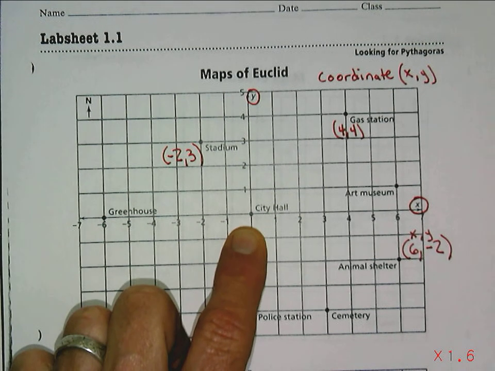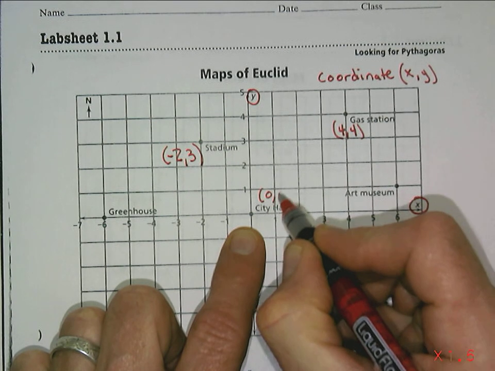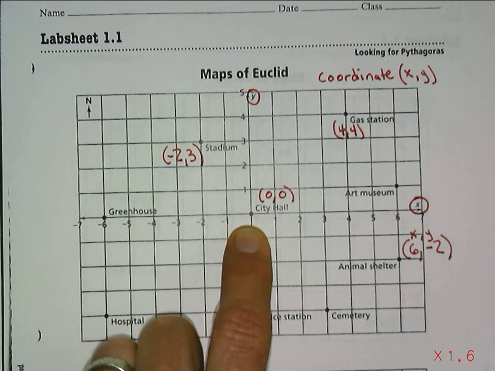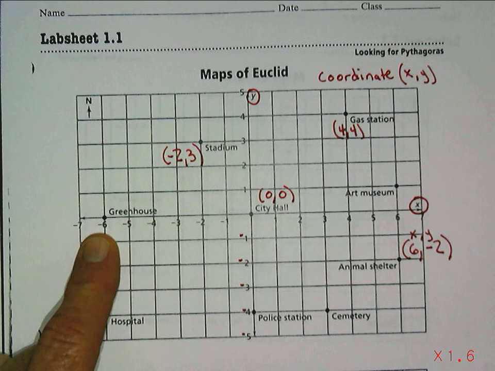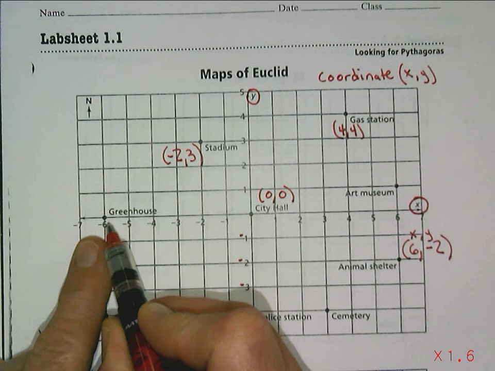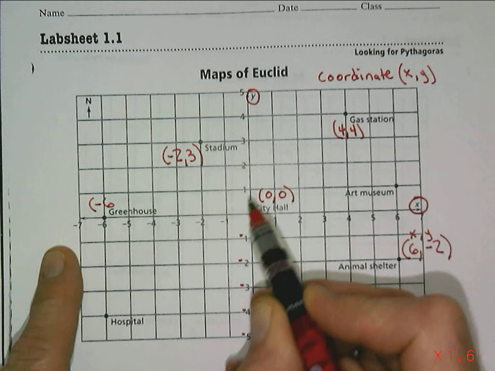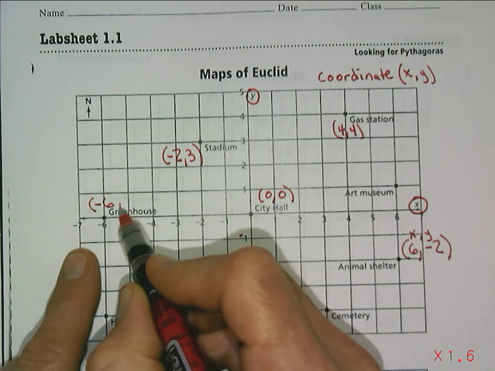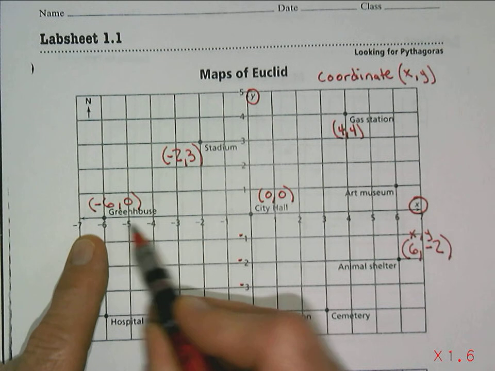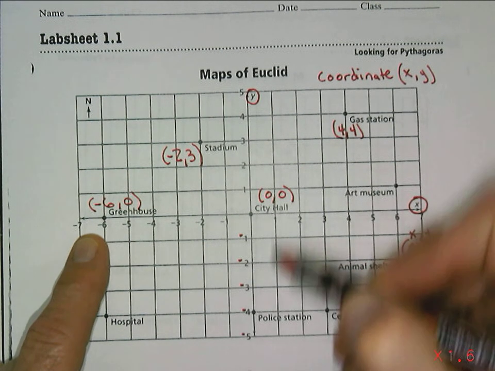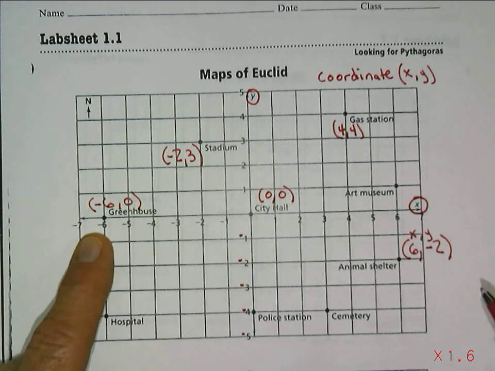City Hall is actually at the place we call the origin, where the value is 0, 0 for x and y. They're both at 0. A place like the greenhouse, I would go -6 in the x direction, but y I don't go up or down at all, so y is actually 0. And so this is actually on the x-axis, so it doesn't go up or down at all on the y, and so one of its coordinates is actually 0.